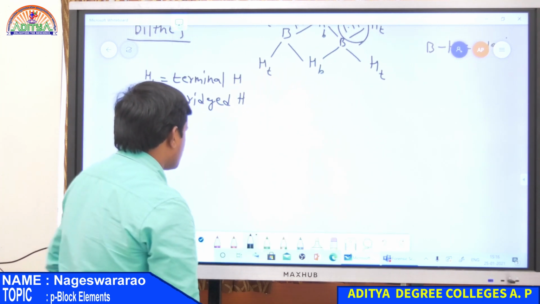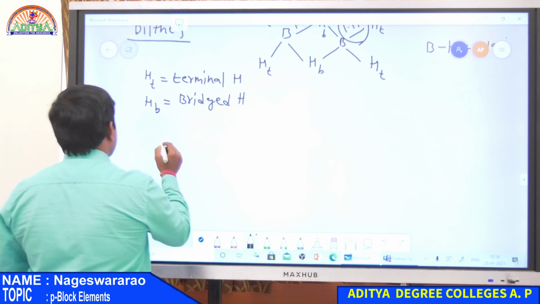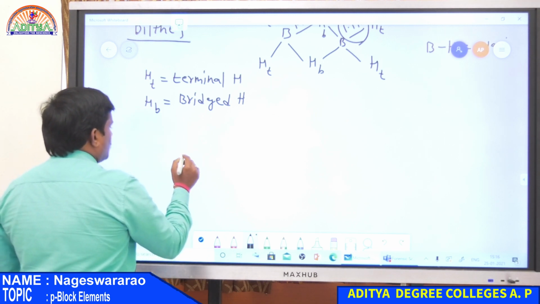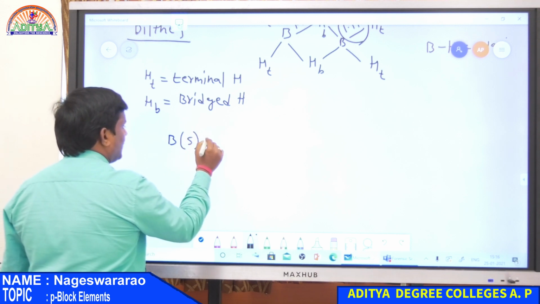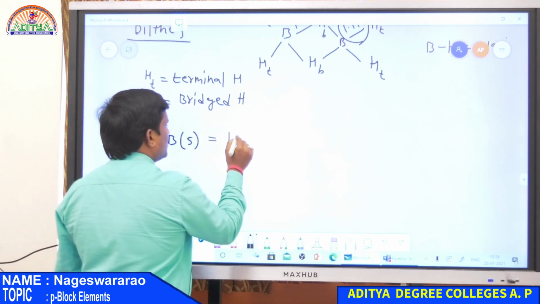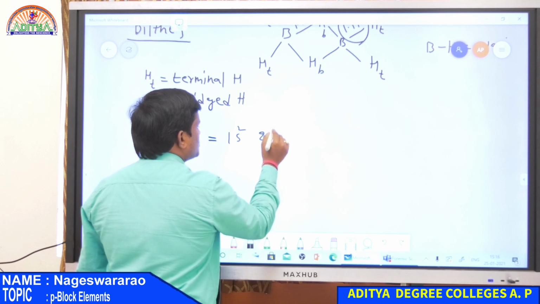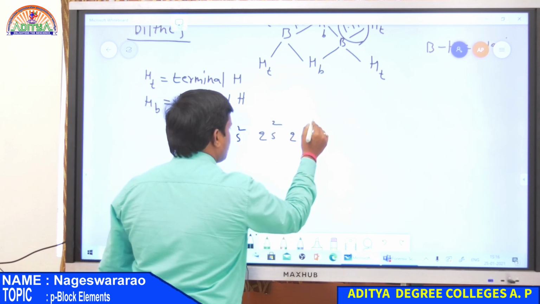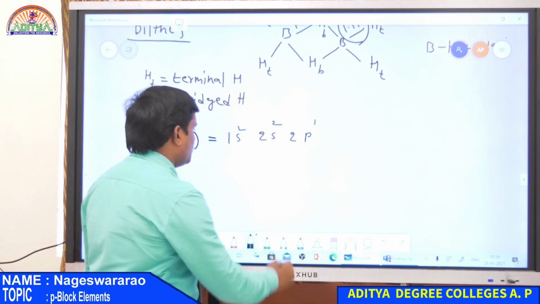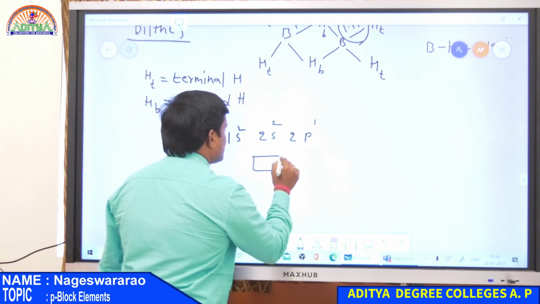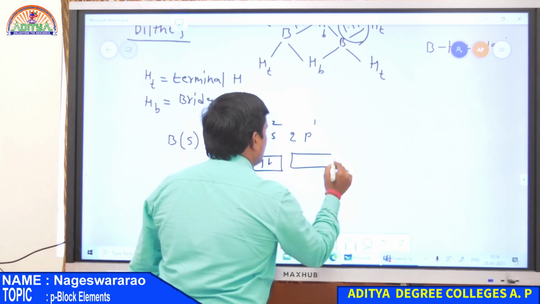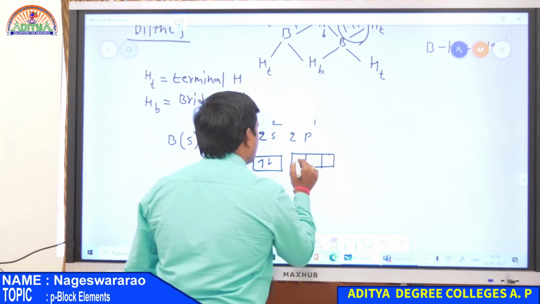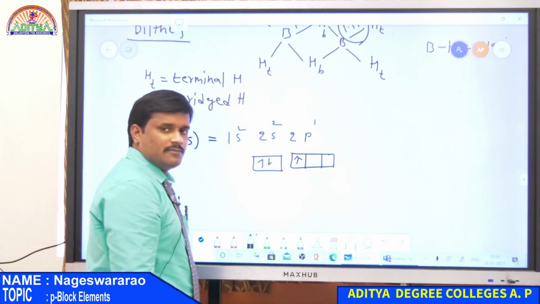Now, formation of bonds in B2H6. Boron atomic number is 5, with electronic configuration 1s2 2s2 2p1. So here the s orbital has 2 electrons, and the p orbital has only 1 electron in the ground state.